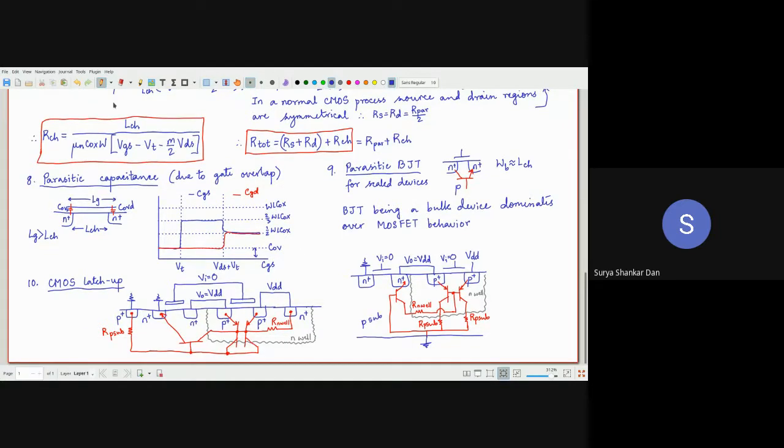Now we will come to the very, very important topic of CMOS latch-up. I expect it to be covered in VLSI design, but anyways, I will explain this here also. First of all, notice that if you are making it a very short channel device, the effective channel length is roughly going to be the base width. Remember, in PNP or NPN BJTs, you need to have the base region as small as possible.